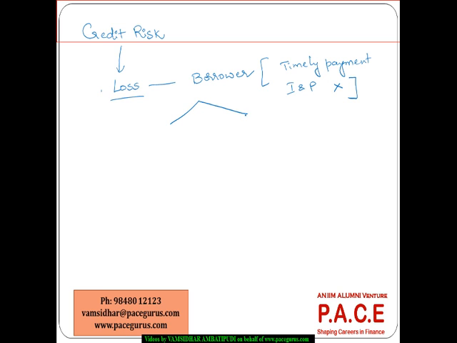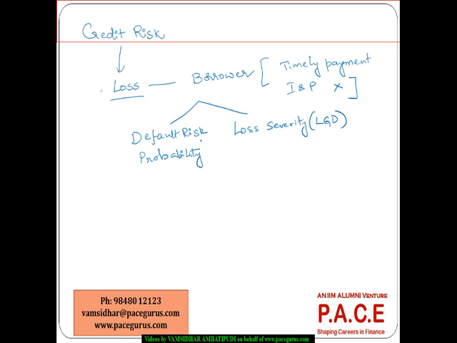And more broadly, we look at this as two components. One is called default risk, which is more associated with the probability that the borrower is not able to meet the obligations on time. And the second one is the loss severity, or the more common word for this is LGD, loss given default.